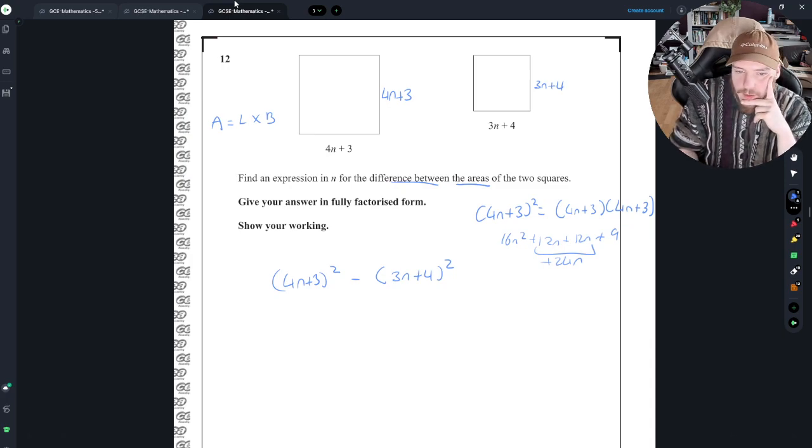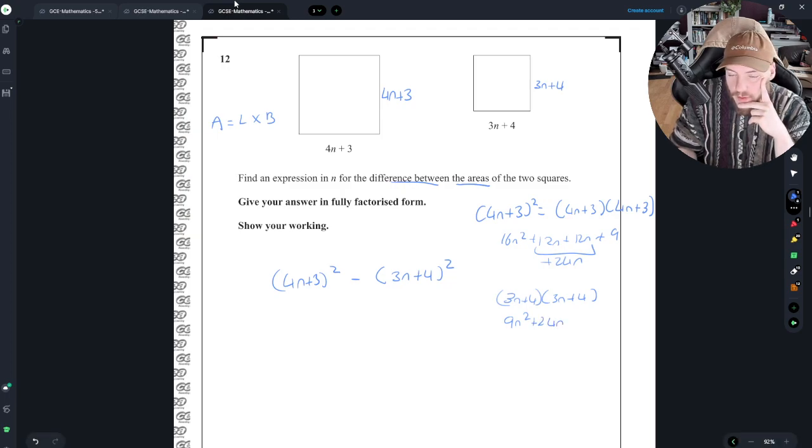And we'll do the same for our 3n plus 4 here. So 3n by 3n, 9n squared, and 3n by 4 gives plus 24n.